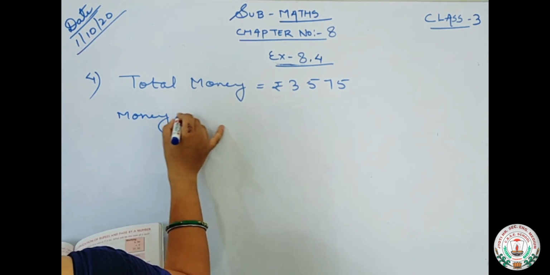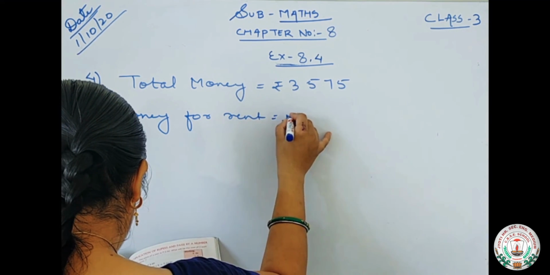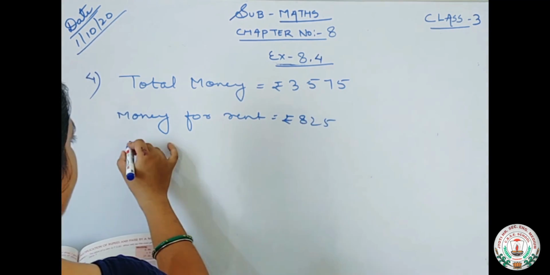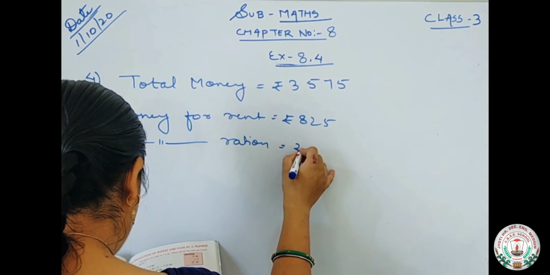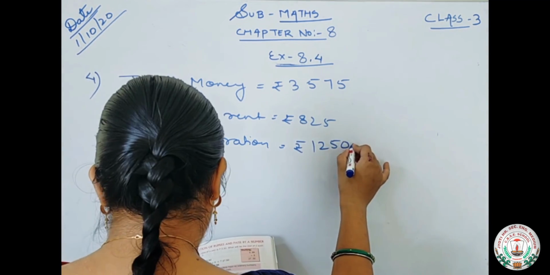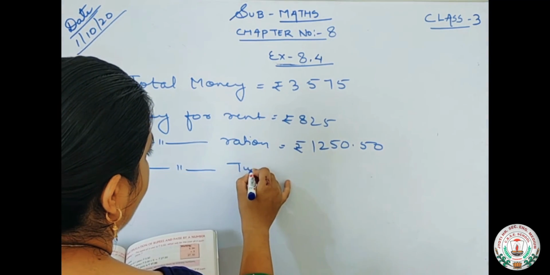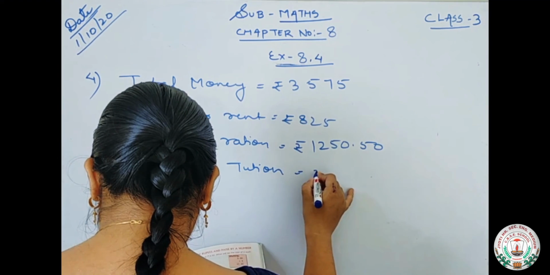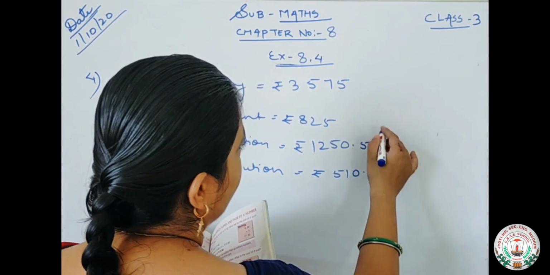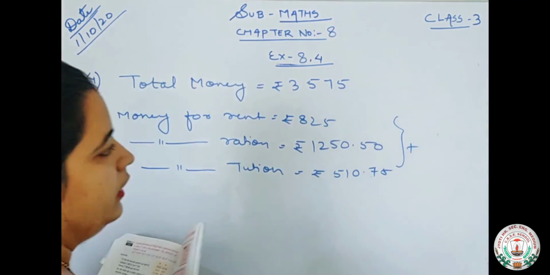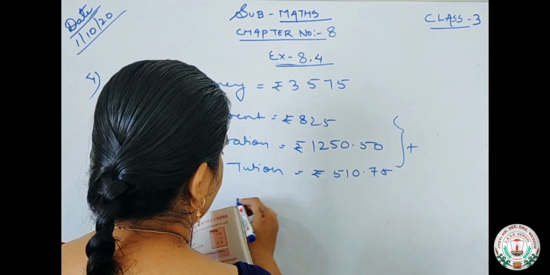Money for rent is rupees 825. Money for ration is rupees 1250.50. Money for tuition fee is rupees 510.75. So what we will do, first we will add these three and then we will subtract from the total amount.